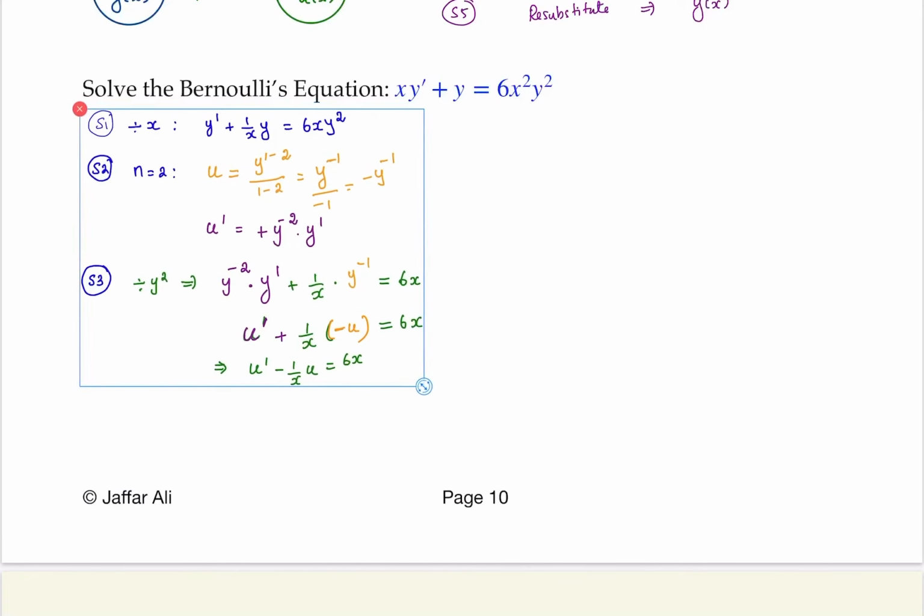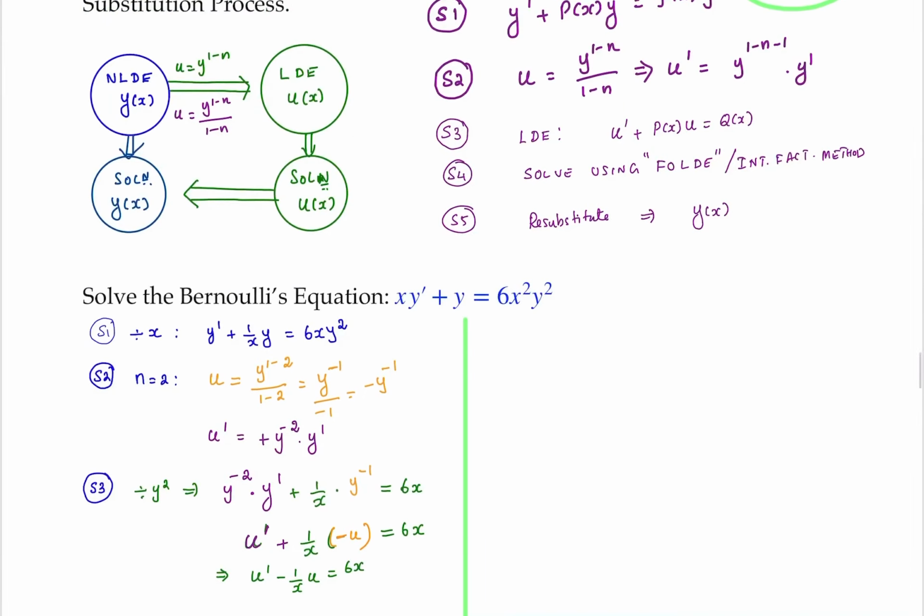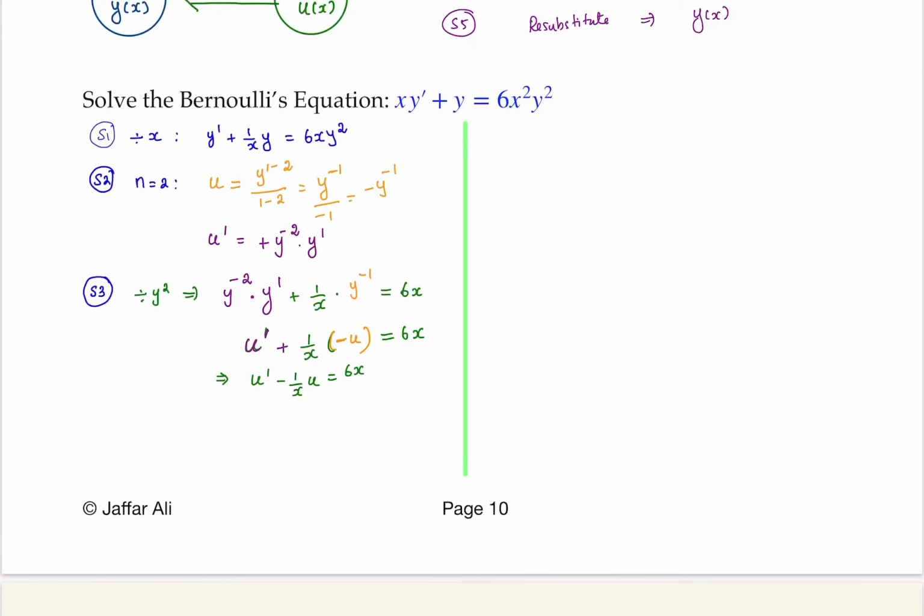All right, so let's try to solve it. Here my differential equation, I'm in my step 4, right? Here my p of x is equal to negative 1 over x and q of x is equal to 6x.